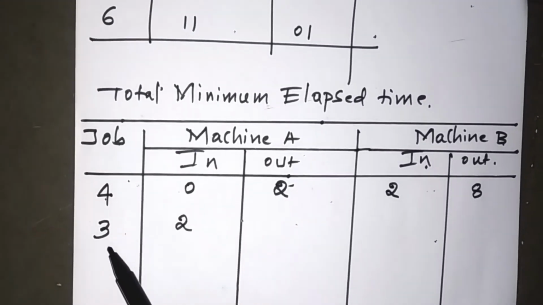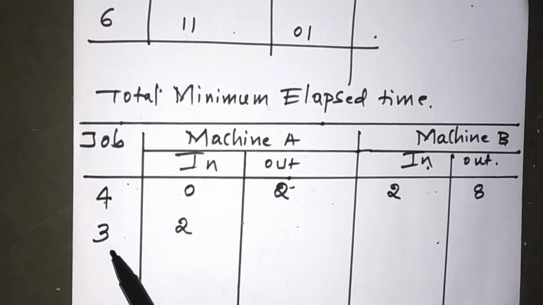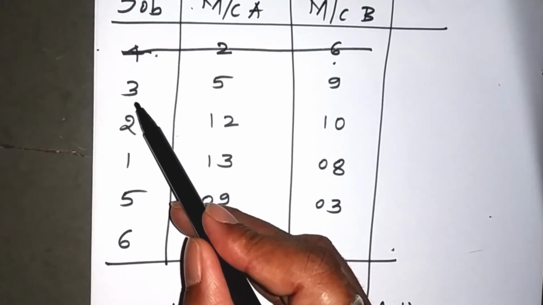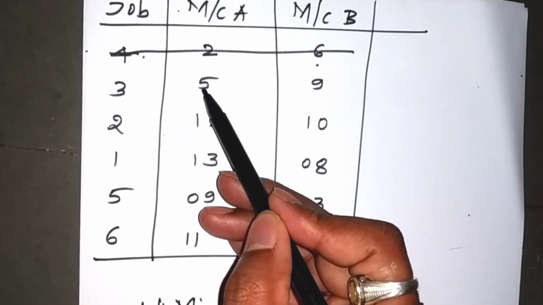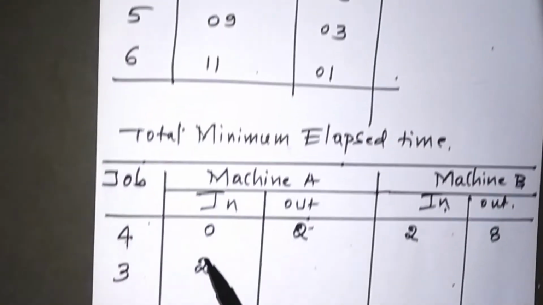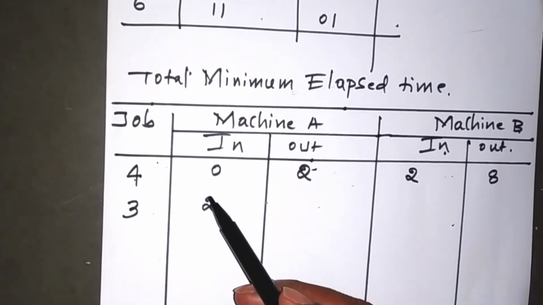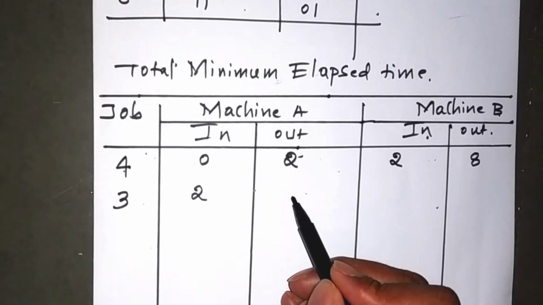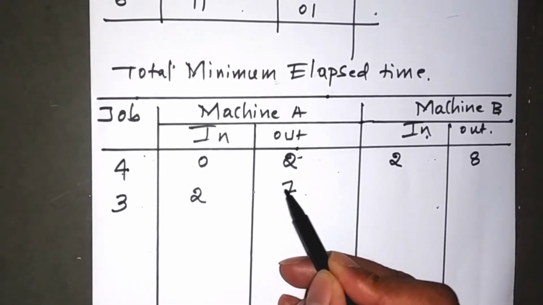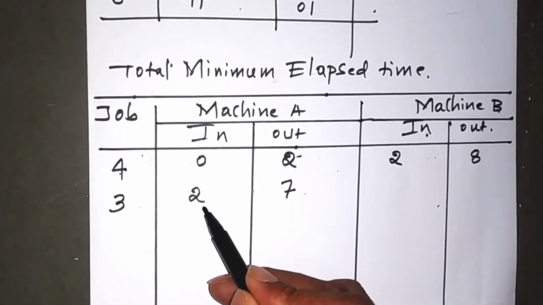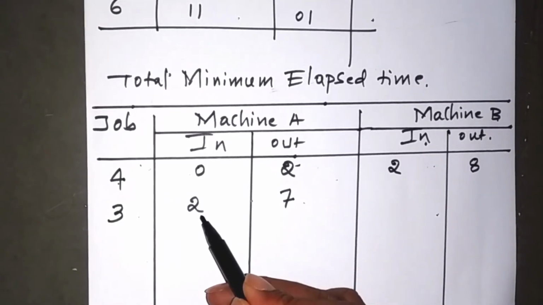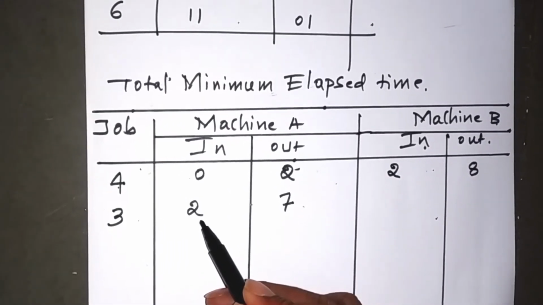And for the third job on machine A, we will see how much time it is required. Again, we'll go back to the table. The third job on machine A will take 5 minutes. So it entered at 2 minutes, and it will take 5 minutes. So it will exit machine A after 7 minutes. What we have done is we have added 2 minutes plus 5 minutes. 2 minutes is the time it waited for the third job, and 5 minutes is the processing time.